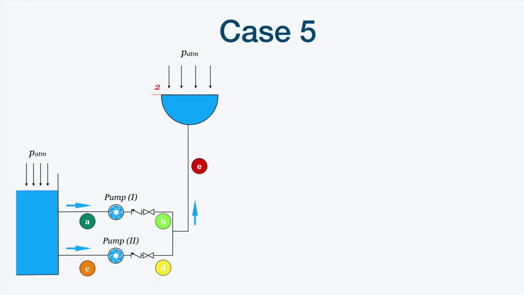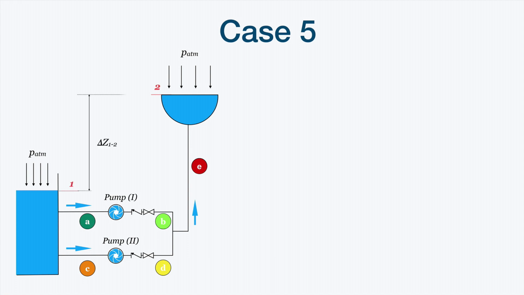These two systems are in parallel. So we will obtain a combined curve of these two systems, and we will add this curve to the one that is in series to this common system, that is the pipe E.